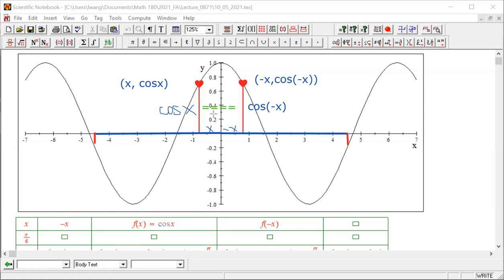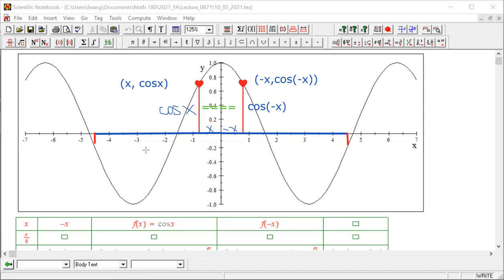So that's the meaning of an even function. If you fold the curve above the y-axis, they're going to completely overlap. One side is for the negative input side, and the other side is for the positive input side. But they have exactly the same output when the inputs are opposite. Makes sense? You guys follow?